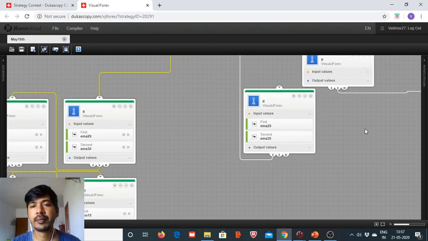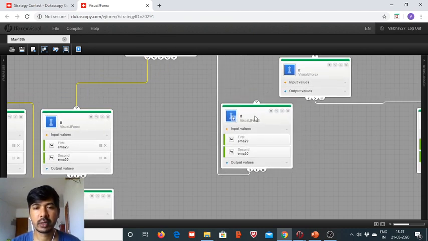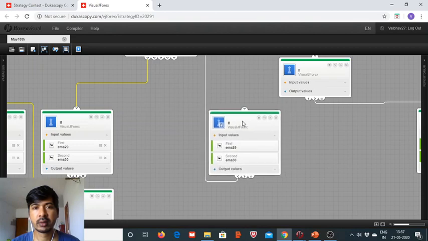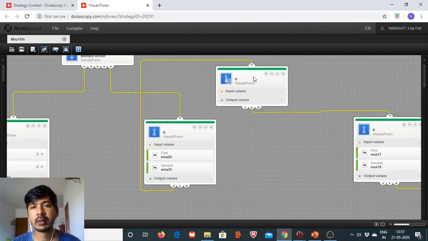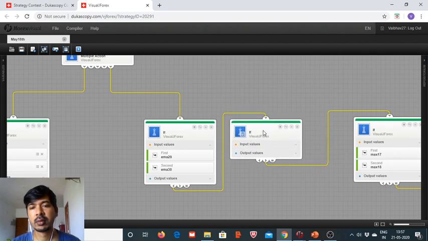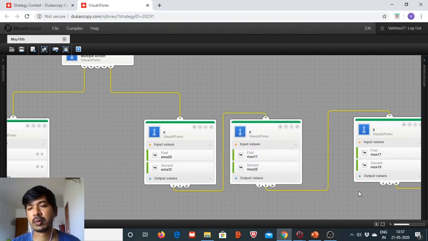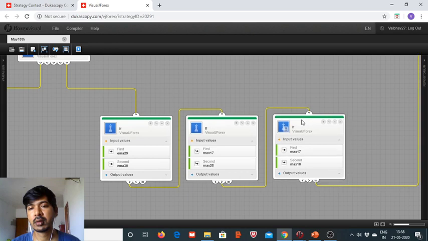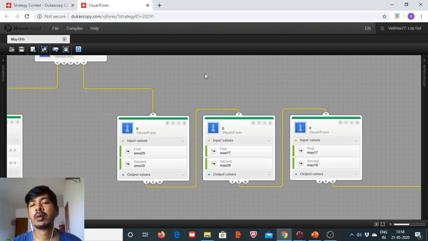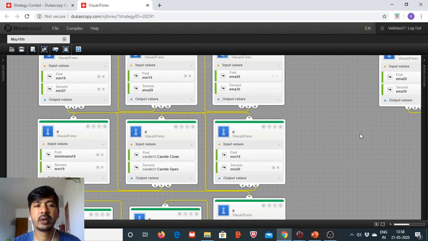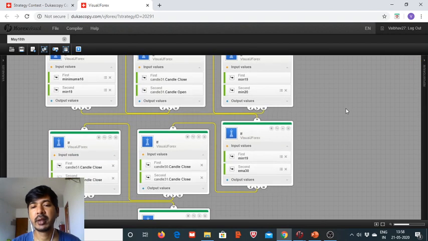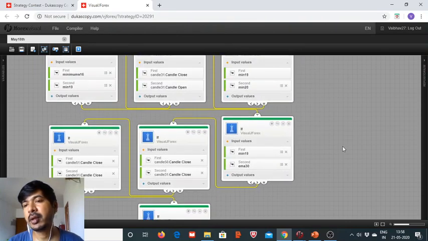So here we can now join these blocks and the flow. Okay, and it should be symmetrical, so most of the conditions which we have defined for the buy side, the inverse of that should be true for the sell side.